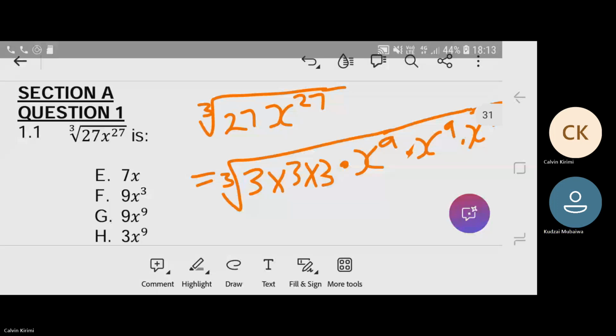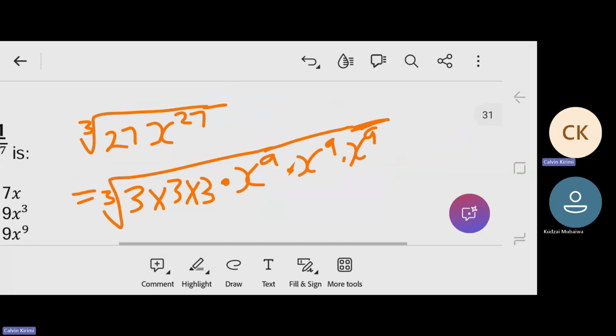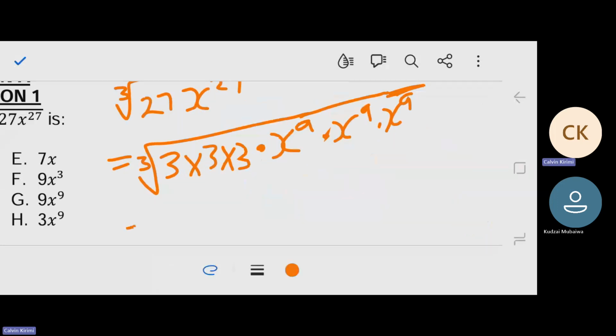Yes, sir. That's why I'm saying what is on the screen. For you to get x to the power 27, you multiply x to the power 9 times x to the power 9 times x to the power 9. Now your answer, you are just taking the cube root. You take one of each, you remove the rest. Then it will be x to the power 9.